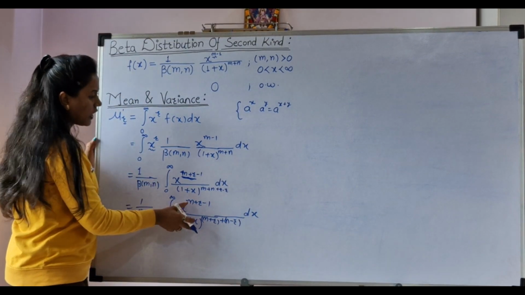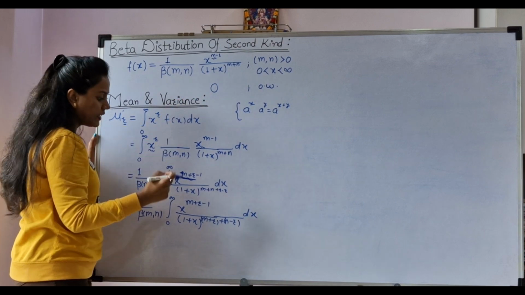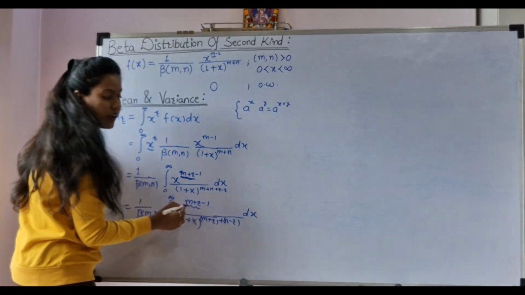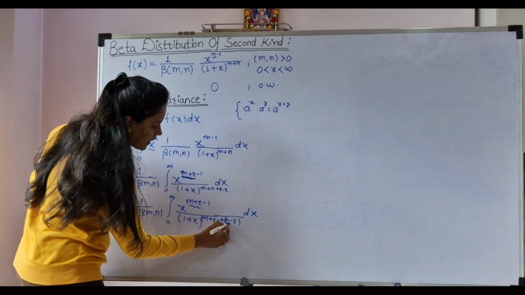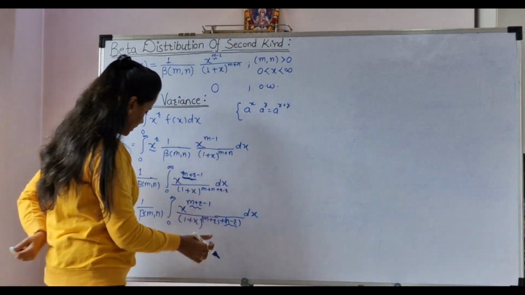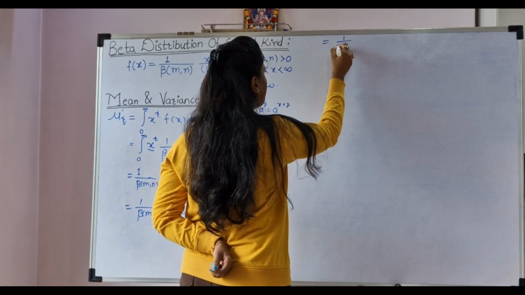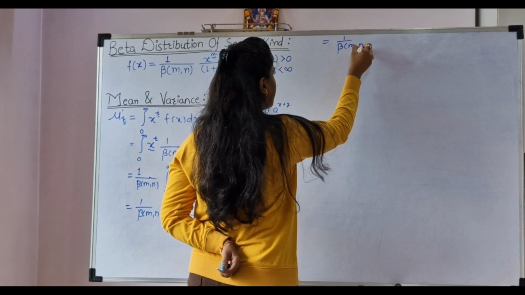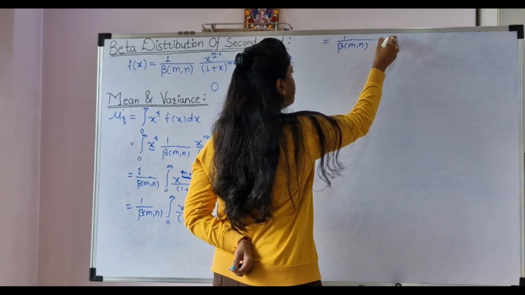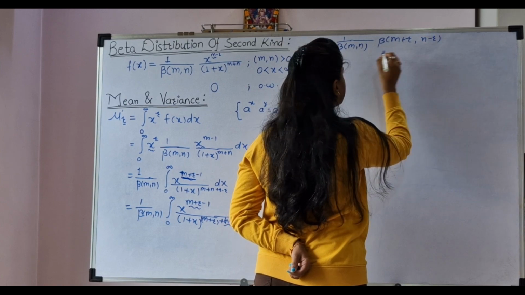So now we are getting the same beta distribution of second kind. Only difference is instead of m we have m plus r and instead of n we have n minus r. That's why we can write down here, it is nothing but 1 upon beta(m,n) and here beta(m plus r, n minus r).